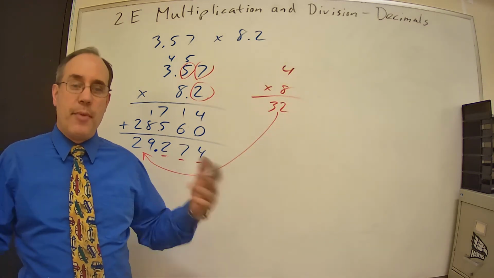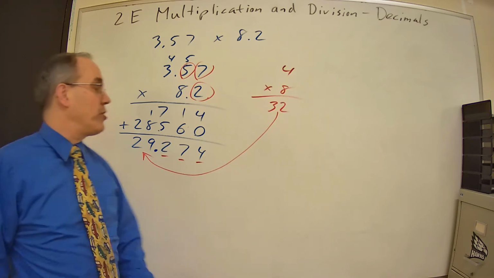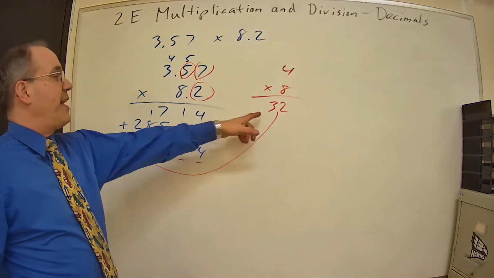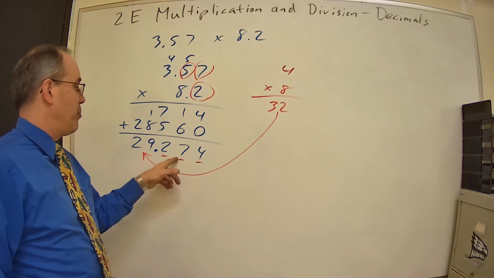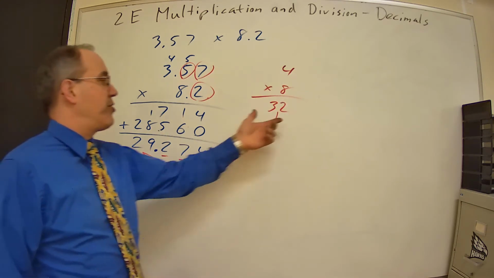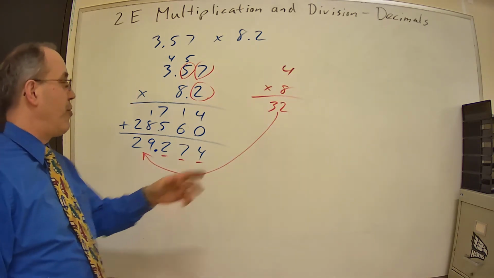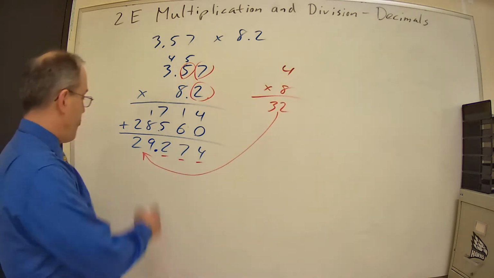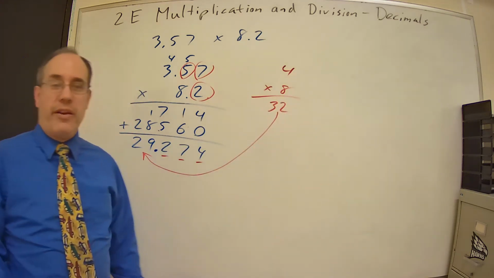And when I say am I off by a lot, meaning am I off by a factor of 10 or more, such as if I came out with 292.74 compared to 32, that's off by a lot. 29.274 and 32, no, I'm right where I'm supposed to be. 29, 32, I'm in the right area.